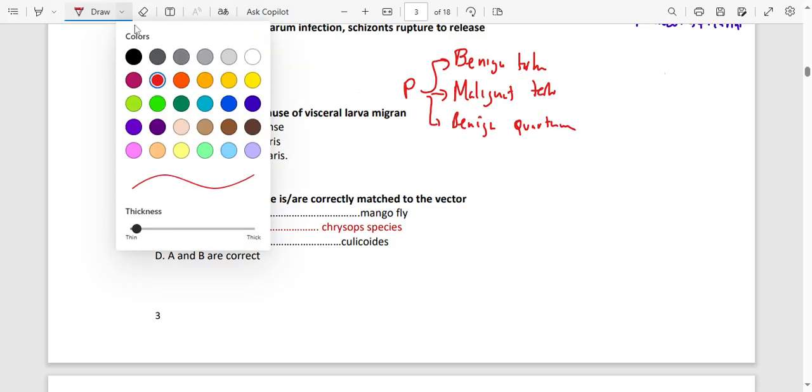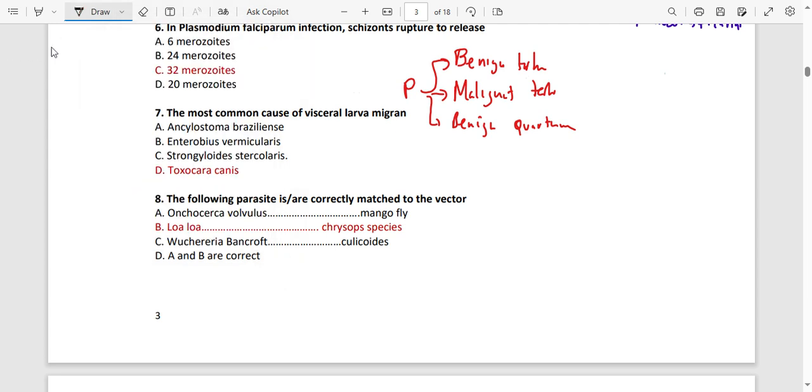Now, which species of the Plasmodium cause a benign tertian malaria? Anyone that can help with that? Thank you so much. Just like normally, when you see vivax and ovale, they normally move together.